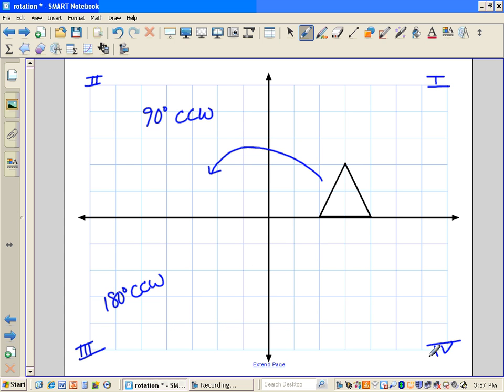And quadrant 4 would be the 270-degree counterclockwise rotation. So 90 to here, 180 halfway, 270 3/4 of the way, and obviously you wouldn't do a 360-degree rotation because that would just put you right back where you started.